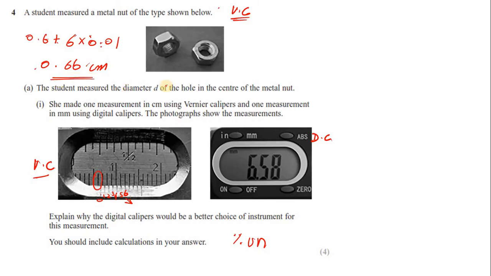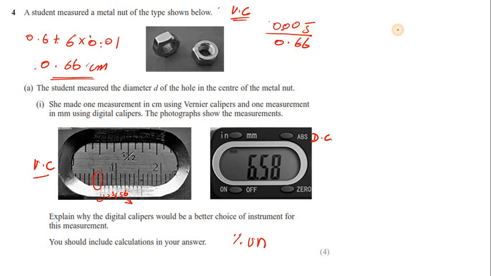This is the reading. Now the percentage uncertainty in the Vernier caliper will be... not the resolution, the uncertainty will be 0.005 divided by 0.66. And why am I taking 0.005?